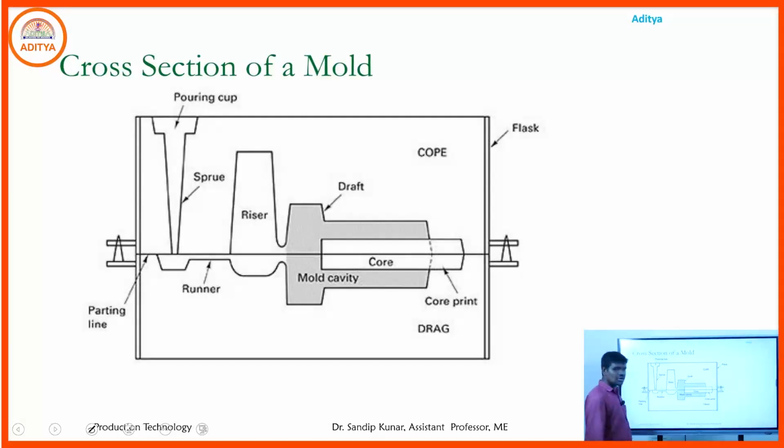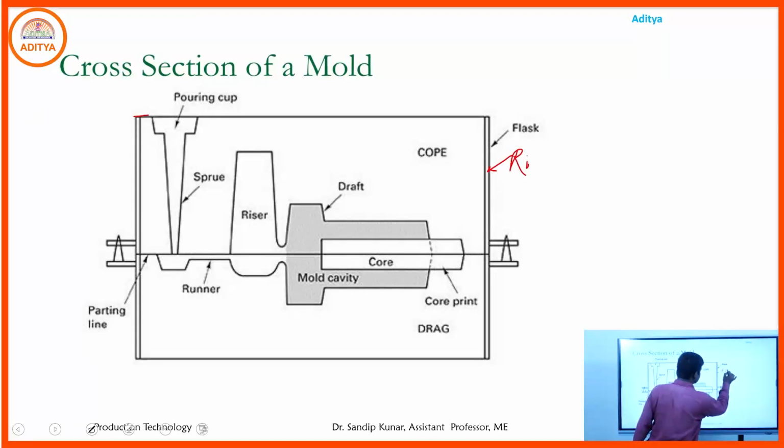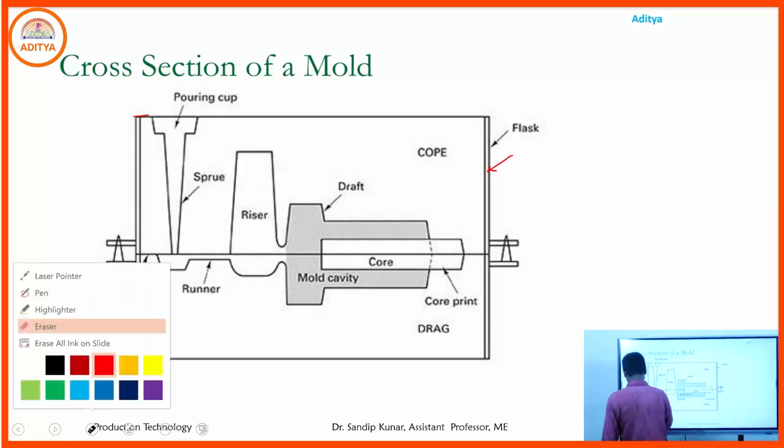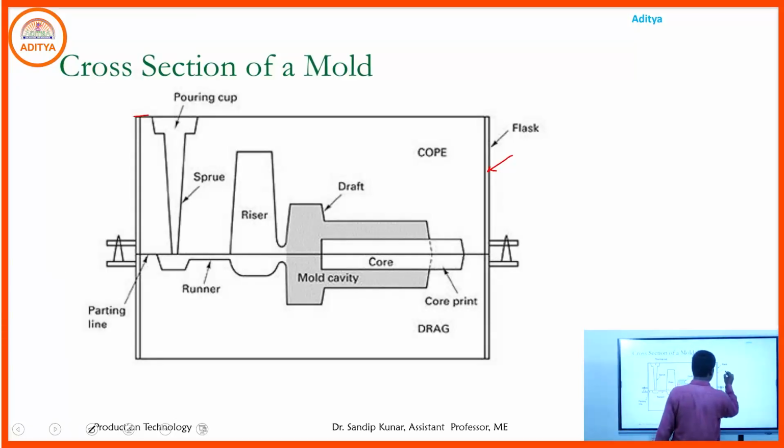If this is the cross section of a mold, this is the flask, a rigid frame, also called the molding box.